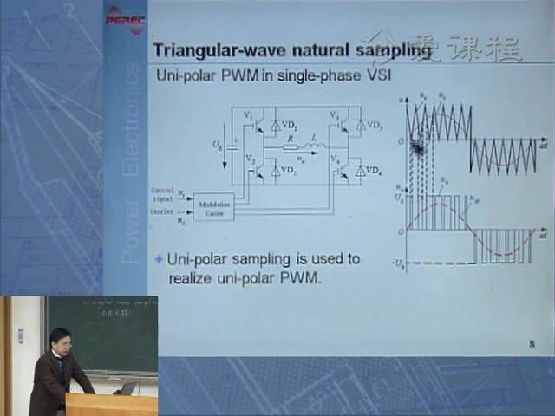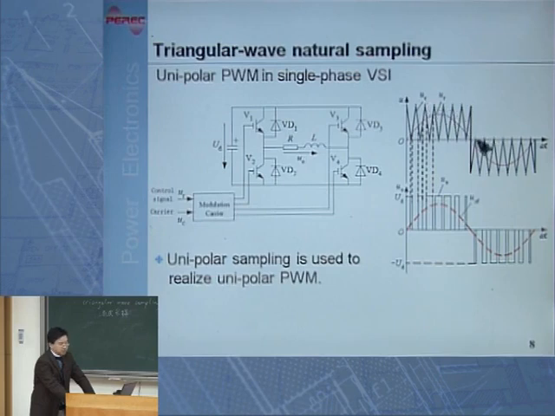So if this red line is the sine wave you want to emulate, we can use a series of triangular waves. Okay? And pay attention to this particular triangular wave. The red line is what we call the modulating signal. When this modulating signal is positive, the triangular wave I'm using is also positive.